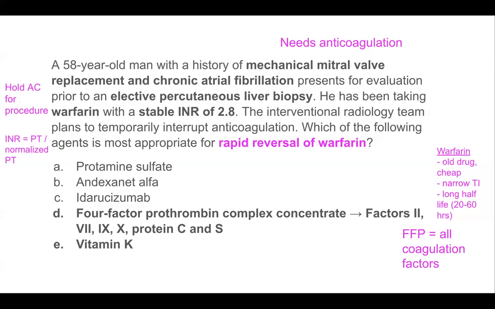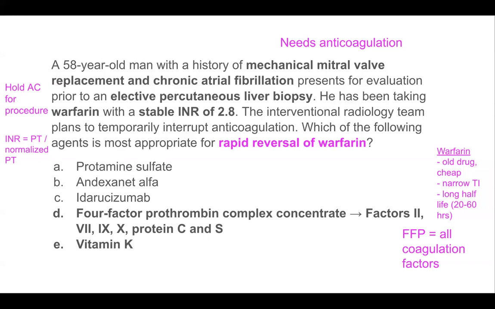And then just as a side note, FFP, I often confuse with PCC, those three-letter acronyms that get you. FFP, fresh frozen plasma, has all the coagulation factors. So PCC would be a good option because you're replacing the factors that get inhibited by warfarin.